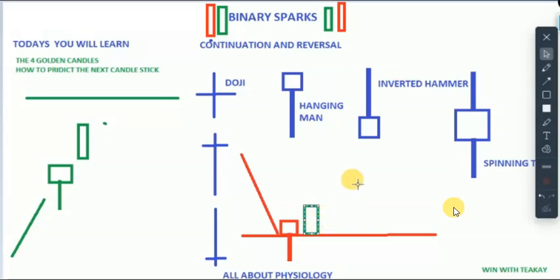So we're going to buy on the next candle. Same applies if you see a doji over here. If you see a doji that closes over here, on the next candle, you can buy.